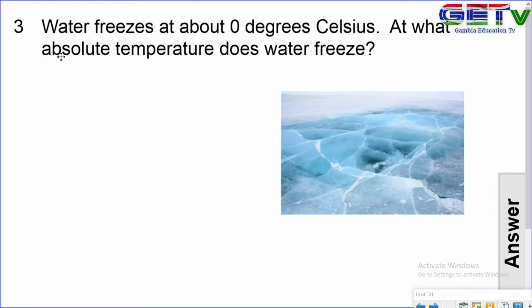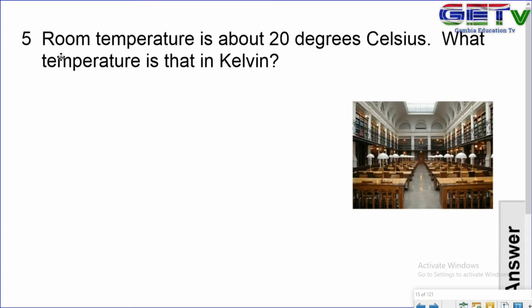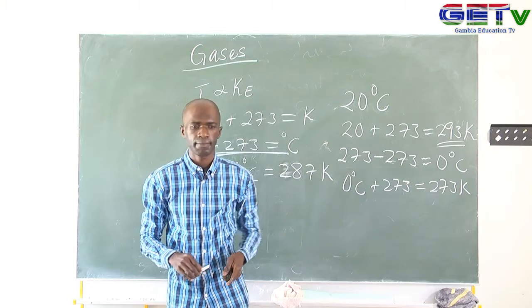So 0 plus 273 will give us 273 Kelvin. That means water freezes at 273 Kelvin. Room temperature is about 20 degrees Celsius. What temperature is that in Kelvin? That is something we've calculated before. It's going to be 293 Kelvin.